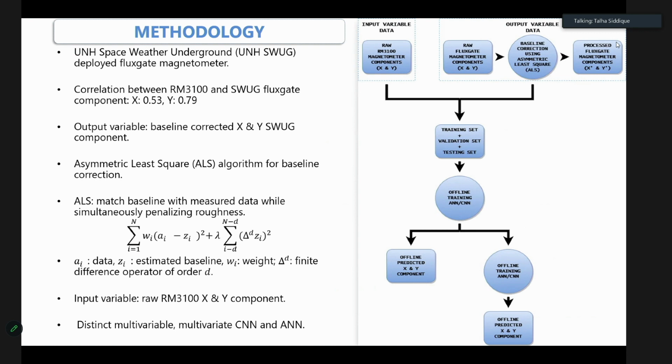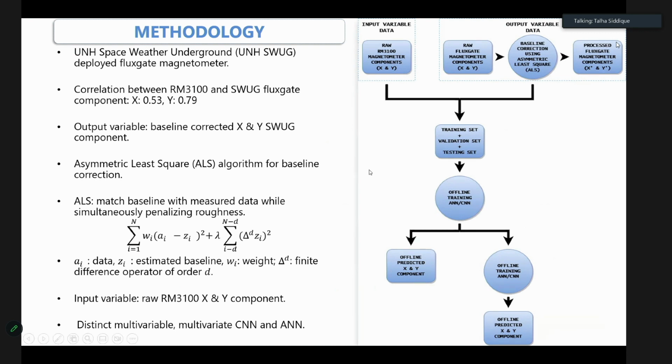We used the baseline corrected values of the UNH SWAG fluxgate magnetometers as our target variable, and the raw data from the RM3100 setup that I deployed is used as the input. So the raw data from my RM3100 sensor will give an output, the X, Y, and Z components, which are baseline corrected using machine learning.